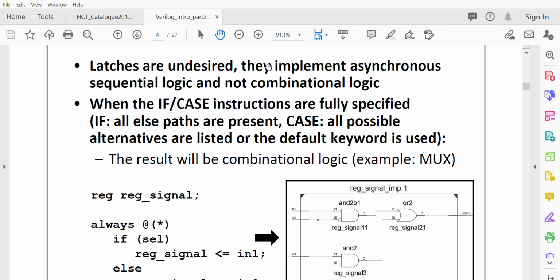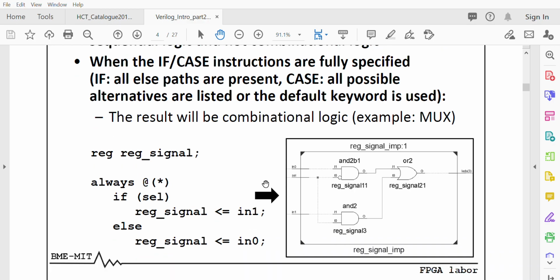Latches are undesired. They implement asynchronous sequential logic and not combinational logic. When the if and case instructions are fully specified, for instance, for the if all the else paths are present, for the case all possible alternatives are listed or the default keyword is used, the result will be combinational logic. Example, a multiplexer.